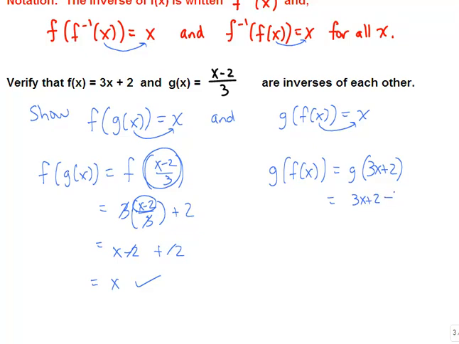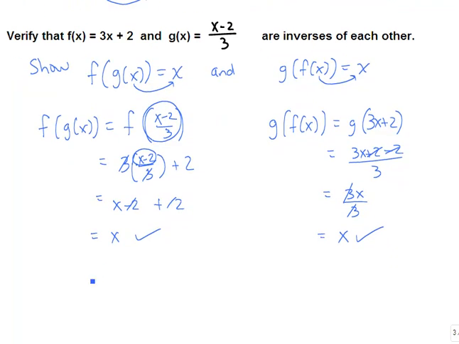I'm supposed to subtract 2 from that, and then divide all of that by 3. When I go to simplify, these 2's cancel out, so we get 3x on top over 3. We have a 3 on the top and the bottom, so they cancel out, so we get x. And so it did work. We started with x, we ended with x, and it worked in both directions. So that is how you prove that you have two functions which are inverses of each other.